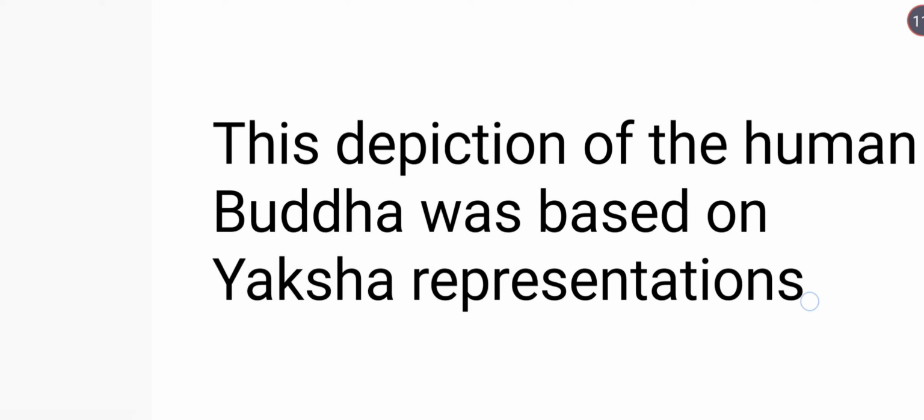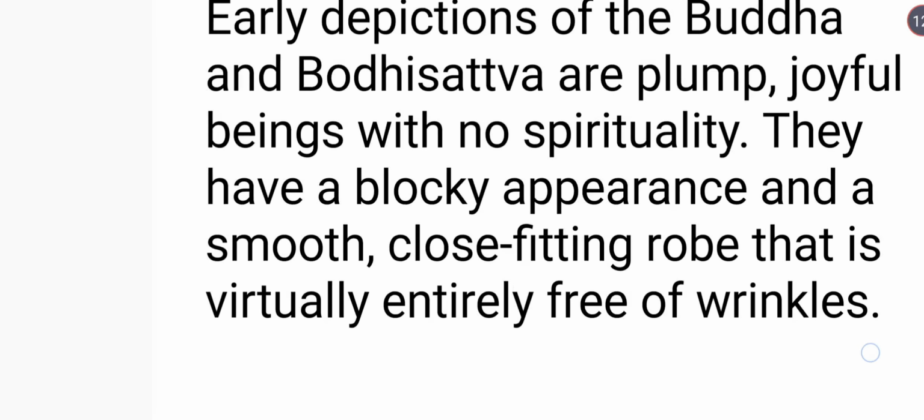This depiction of the human Buddha was based on Yaksha representations. Early images of Buddha and Bodhisattva are plump and joyful, with no sense of spirituality. They have a blocky appearance and smooth, close-fitting robes entirely free of wrinkles.